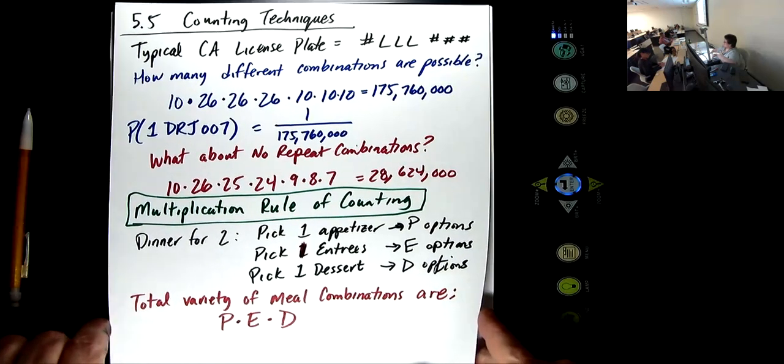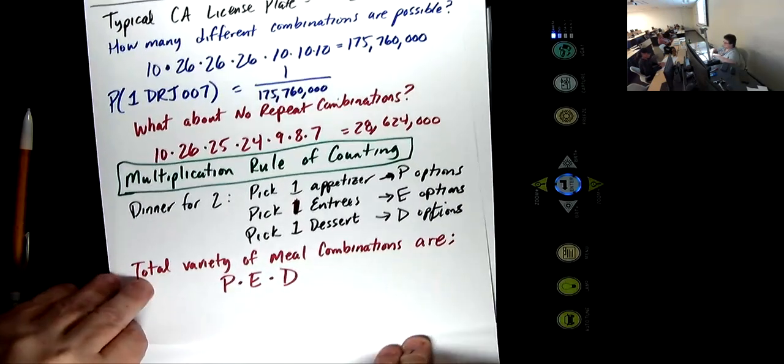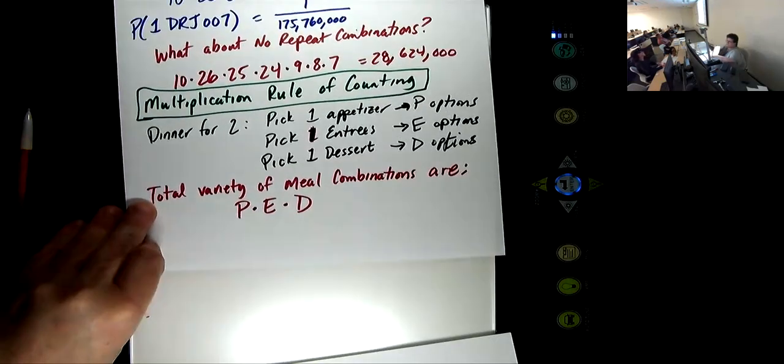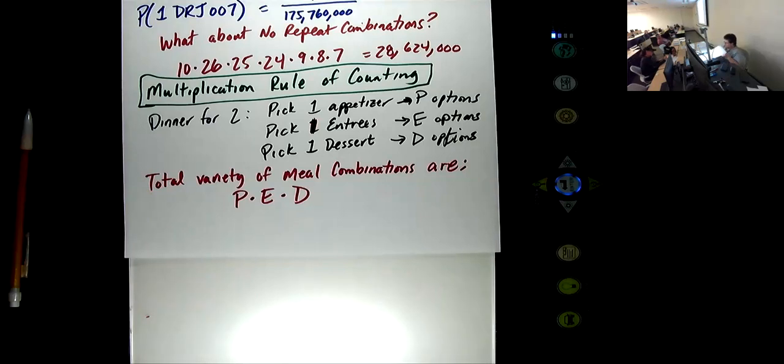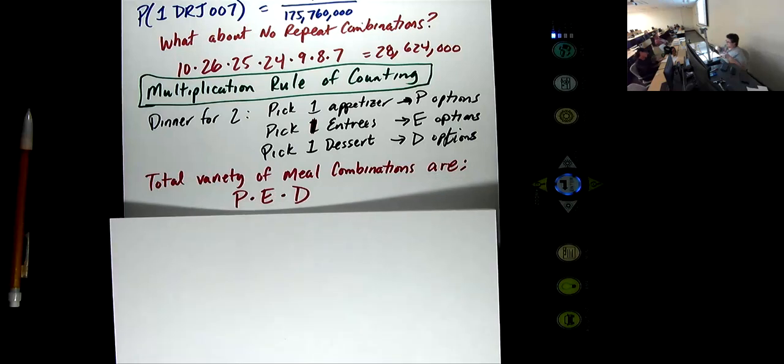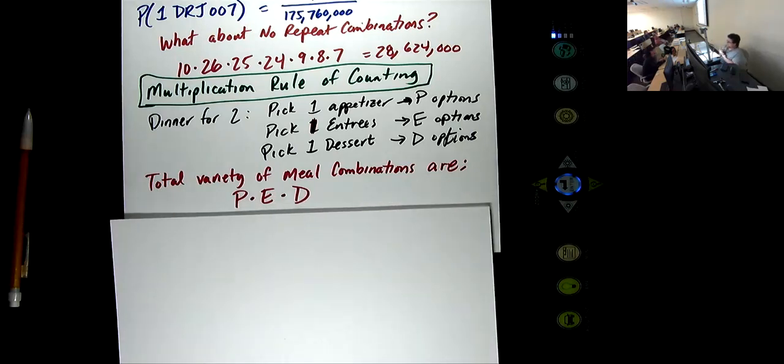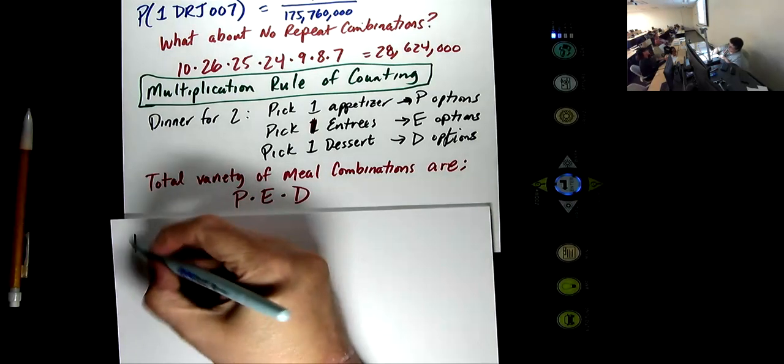Some of you may already know what this is. They're called factorials.